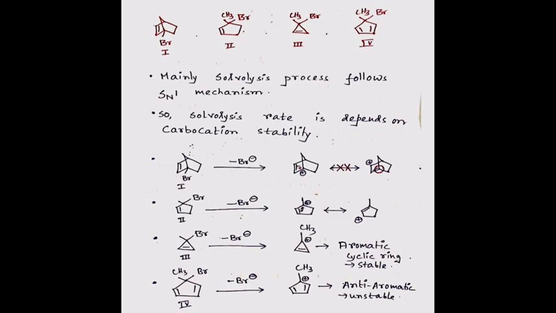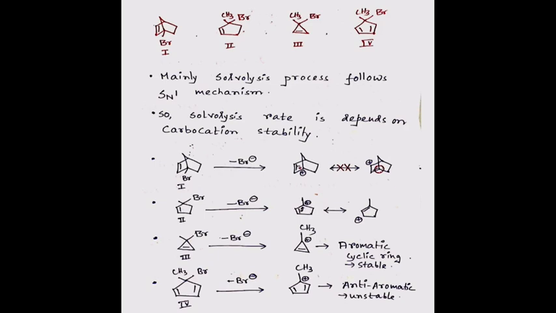This carbocation is very unstable and the adjacent double bond is not conjugated for resonance, because according to Bredt's rule, the double bond cannot be situated at a bridgehead position. And if you look into compound 2, after the departure of the bromine group, a resonance structure is possible and it gives a more stable carbocation.